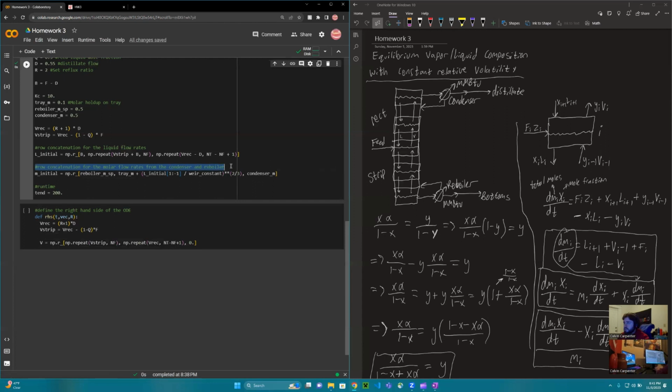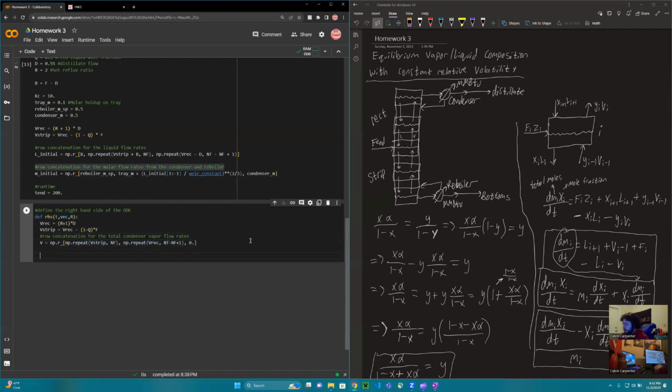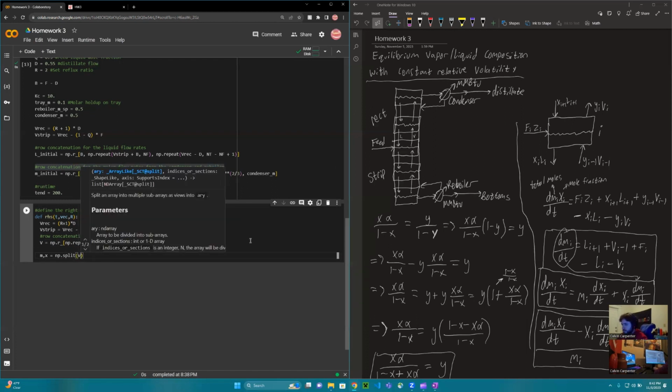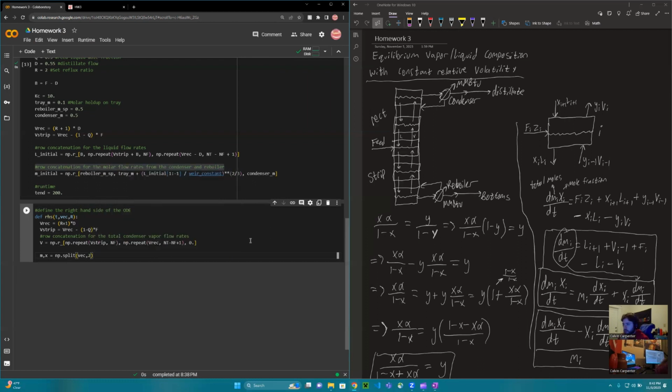So let me copy and paste this in. So row concatenation for the total condenser vapor flow rates. Okay. Next, M comma X is equal to NP dot split, okay, so that's setting our variables M and X into a split of vec and 2.